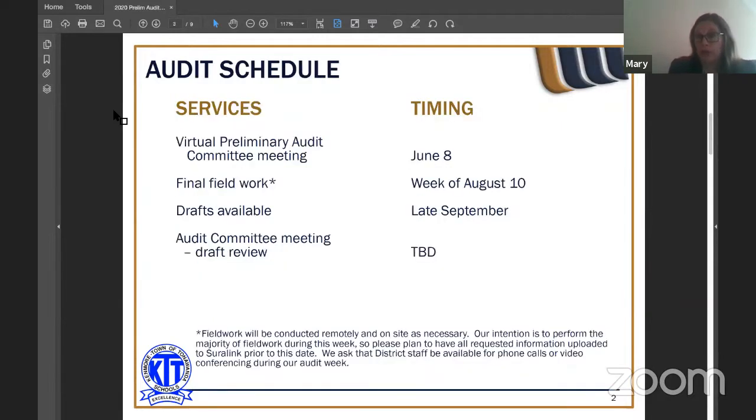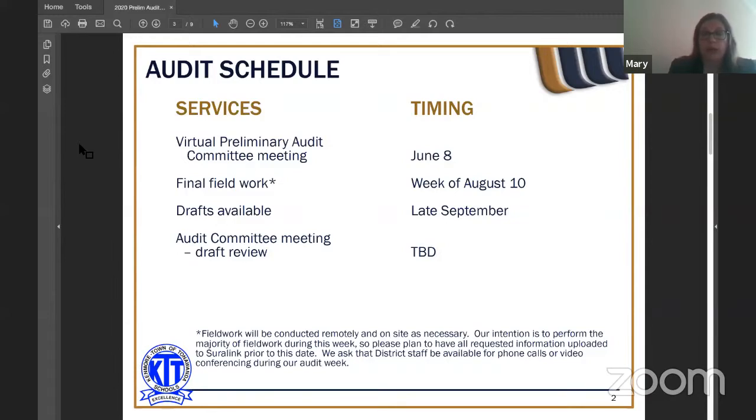So the timing: we're having this meeting today, and then we have the final field work scheduled for 2 weeks. It starts the week of August 10th. Drafts will be available by the end of September, and then the audit committee meeting we'll schedule as we get close to the point of the drafts being finished. We are going to be doing a mix of field work remotely and in person.